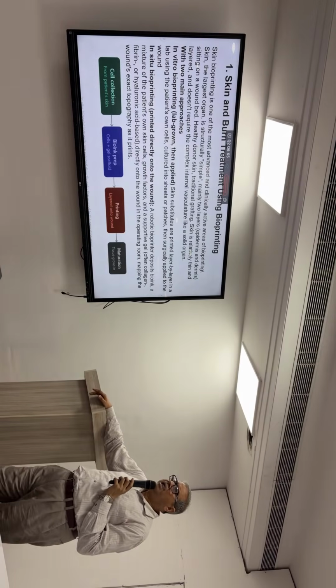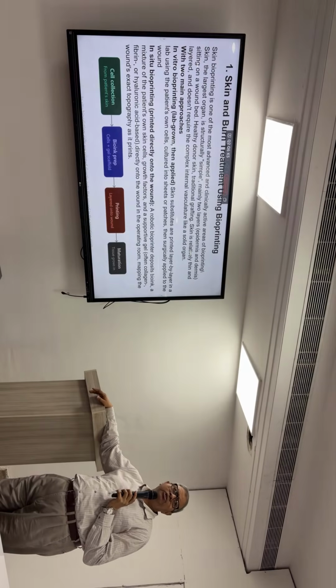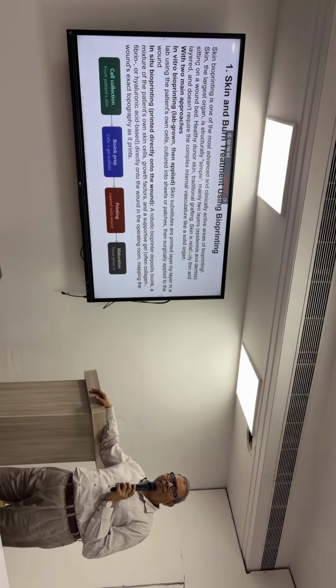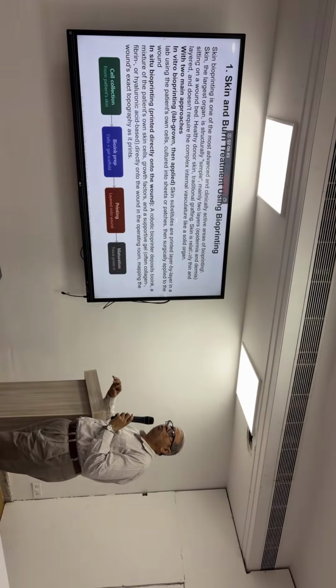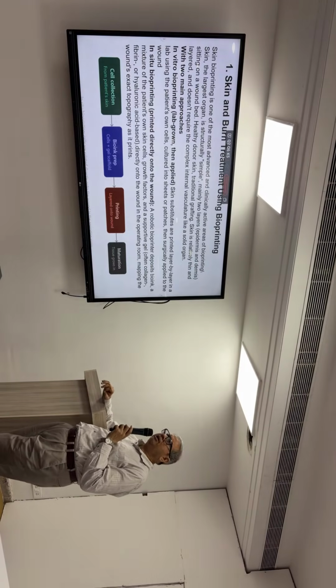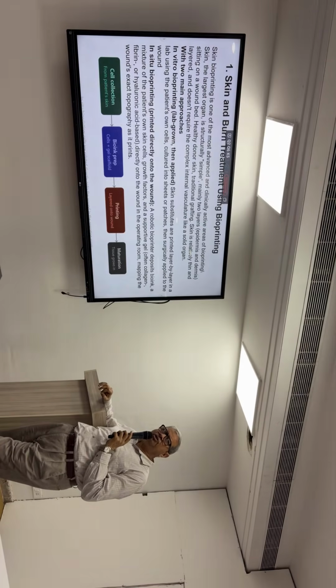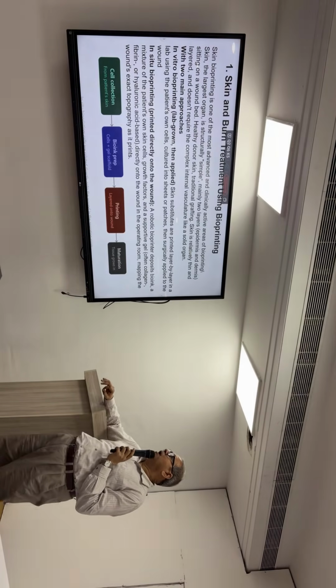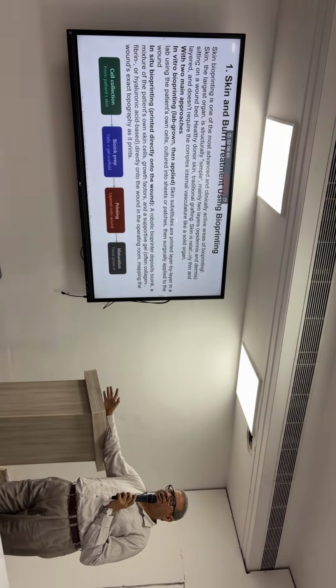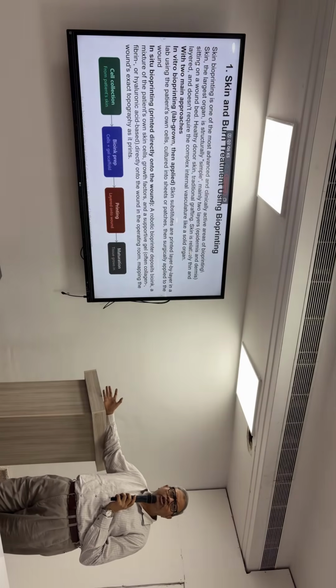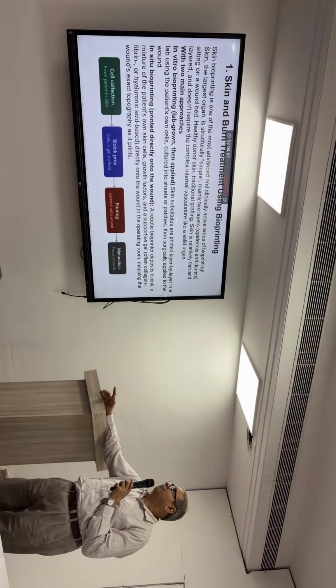Then there is directly printing from the wound, and there are printers available which can directly print on the wound. So there is a robotic bioprinter which is depositing bio ink, which is basically a mixture of a patient's own skin cells, and then we have catalyst, we call it growth factors, and a supportive gel.